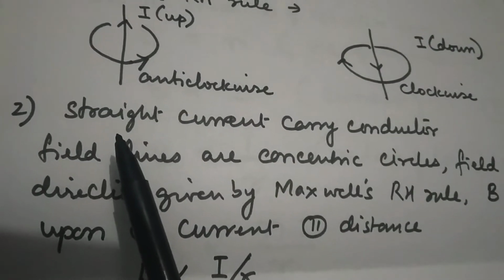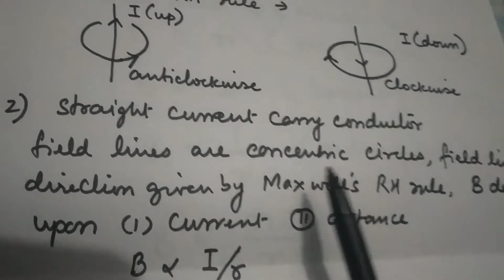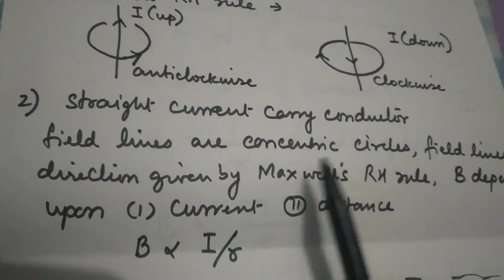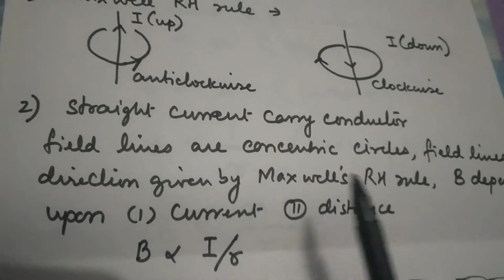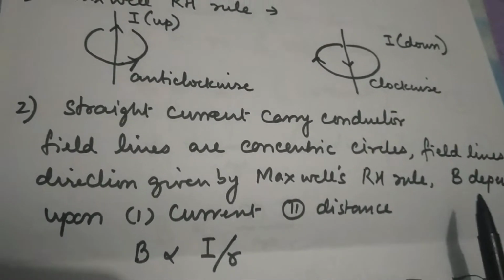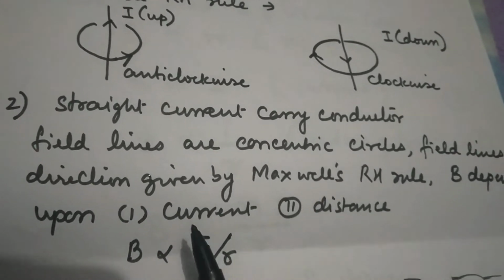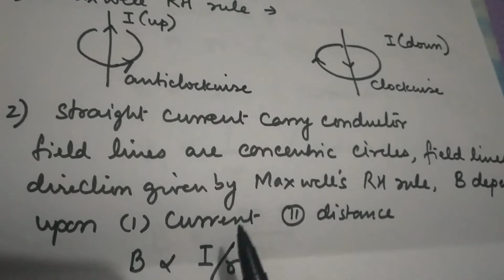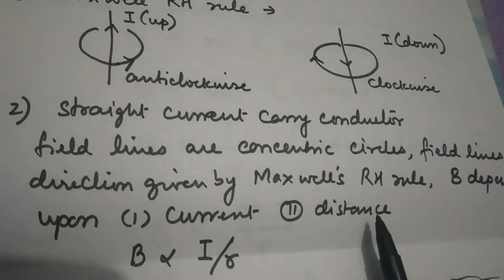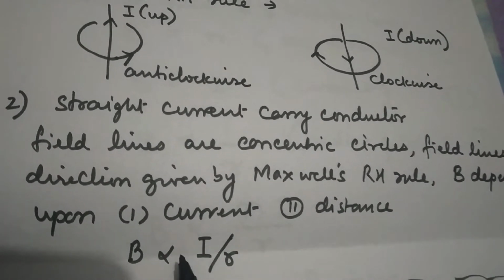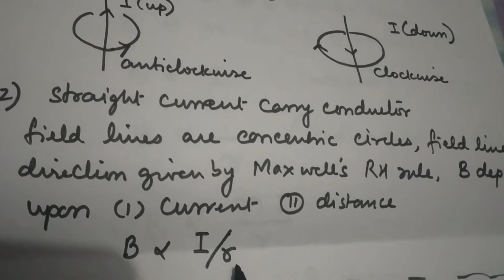We have also discussed that for a straight current carrying conductor, the field lines we obtain are concentric circles. Concentric means circles with a common center, one center. Field line directions are given by the Maxwell right hand thumb rule, and B depends upon two terms: the current, which is the basic factor, and the distance from the conductor, given by the symbol R. So B is directly proportional to the current and inversely proportional to the distance from the straight conductor.